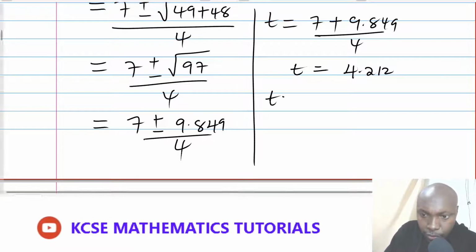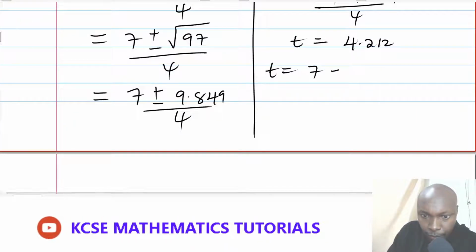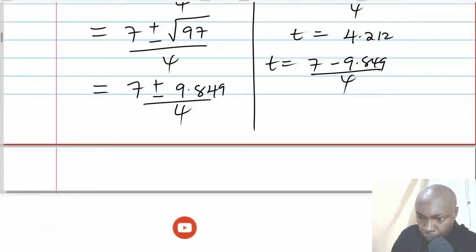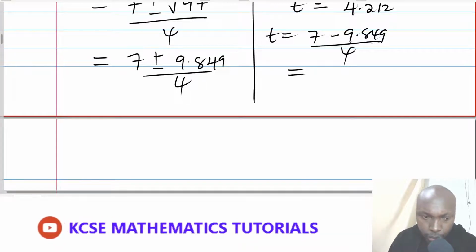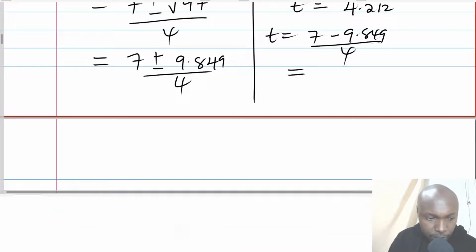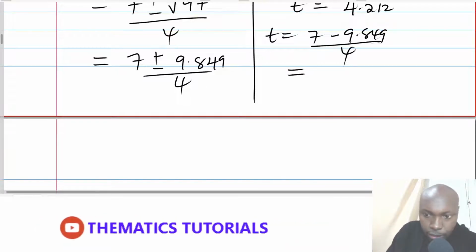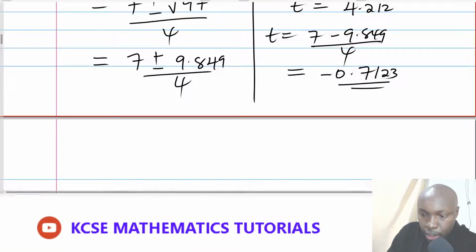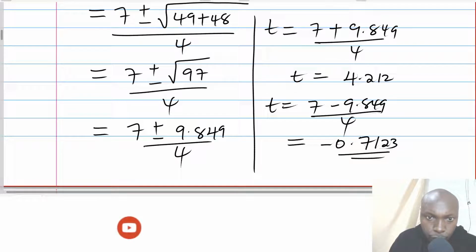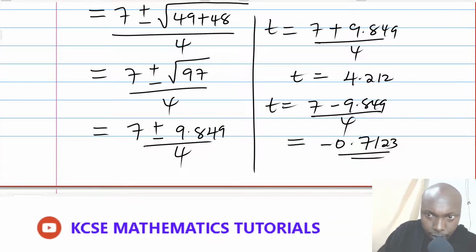Then the second value of t we get by taking the negative sign: 7 subtract 9.849, divided by 4, which on the calculator is negative 0.7123. So those are the two values of t that you get.